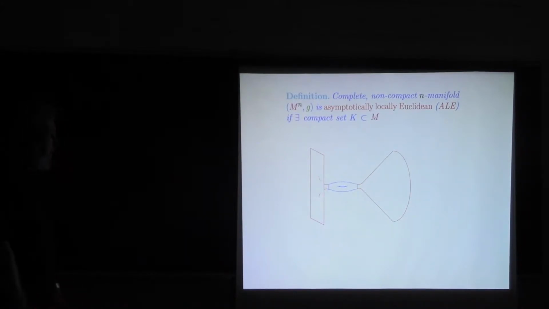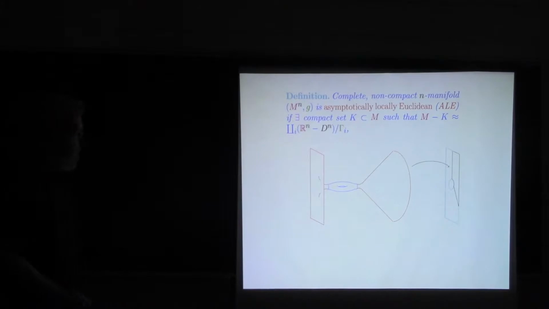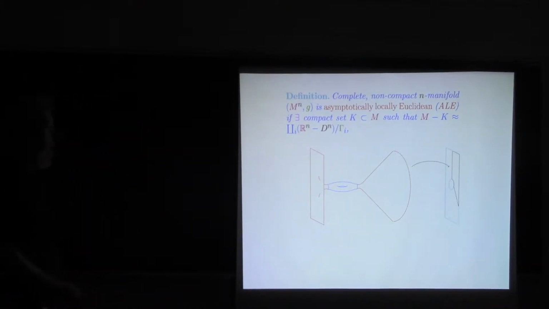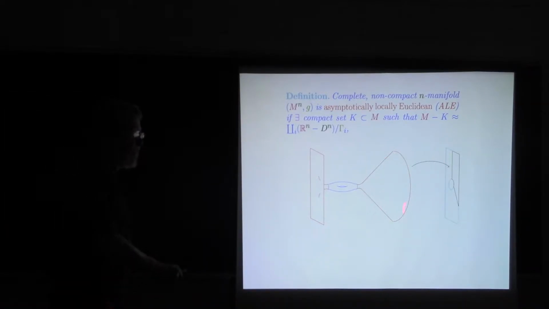The variation on the definition is that, again, we assume that there's a compact set such that the complement is nice, and the change is that each end is no longer required to be a copy of Euclidean space minus a ball, but instead each end is a copy of Euclidean space minus a ball modulo the action of a finite group of isometries that acts freely on the sphere. It has to act freely on the sphere, otherwise you wouldn't get a manifold in the quotient.